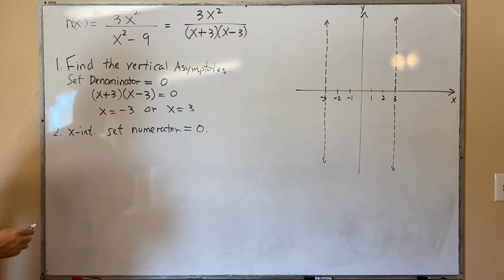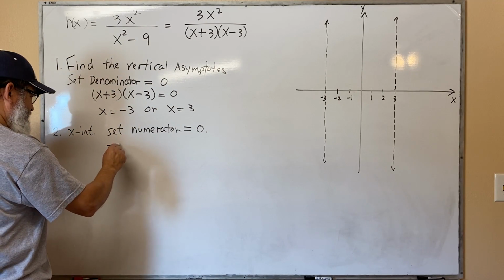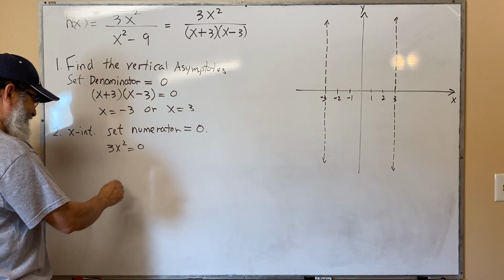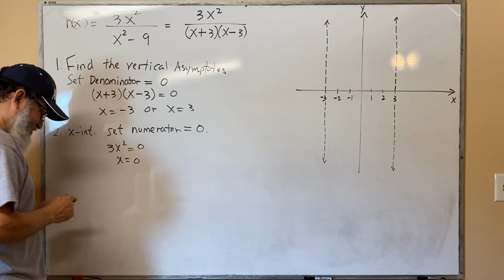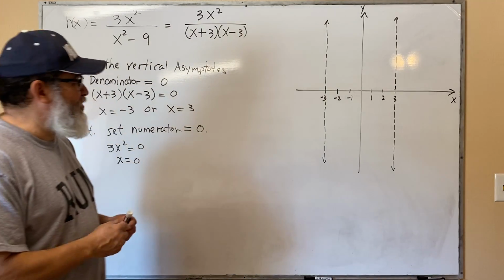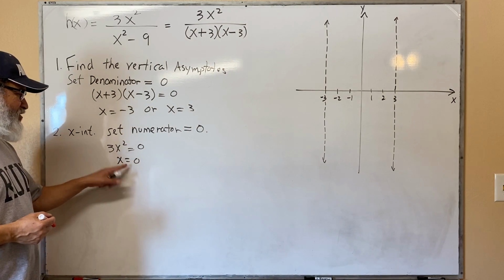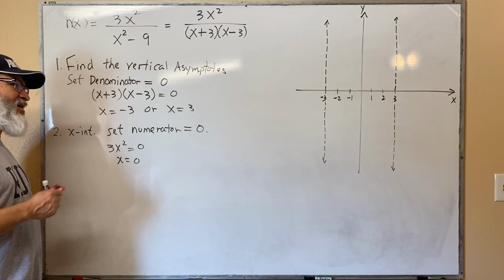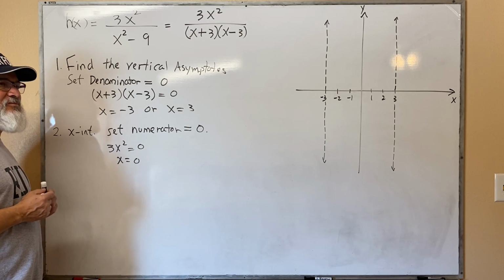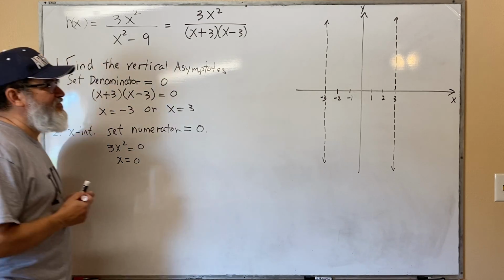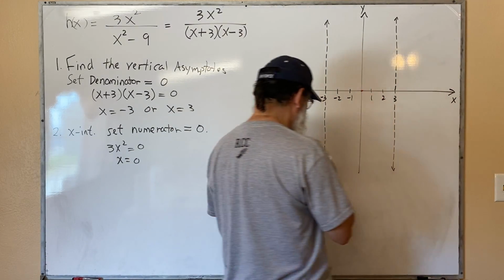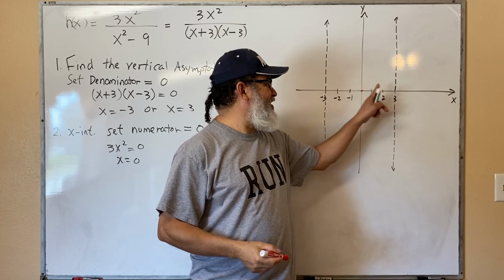And what's the numerator? And solve for x. X equals 0. So when x equals 0, we have an x-intercept.